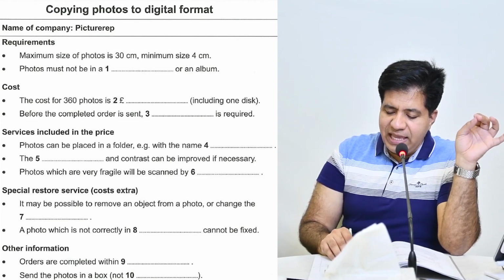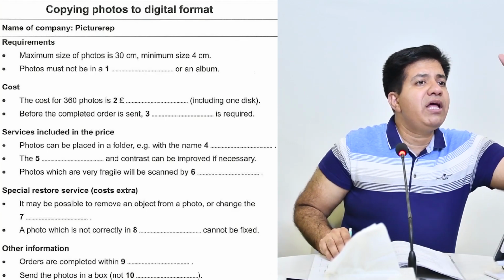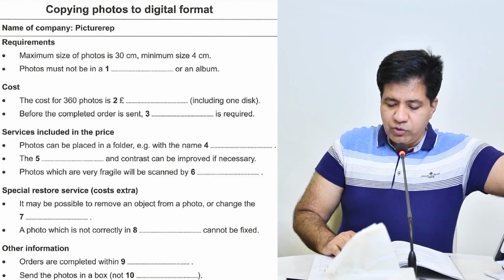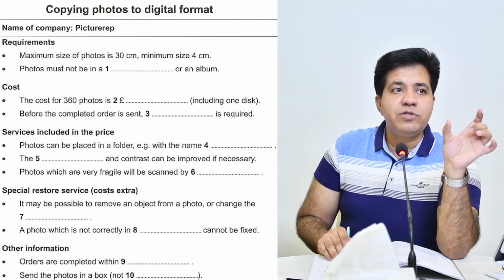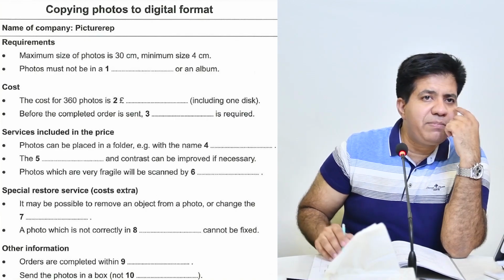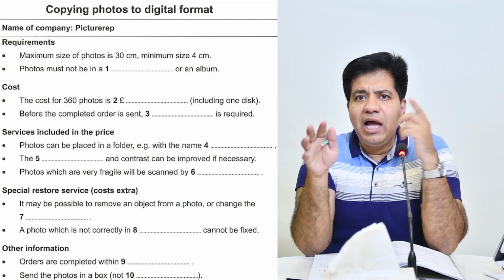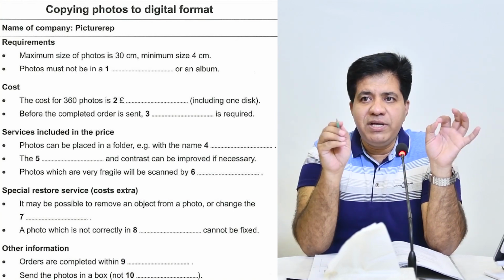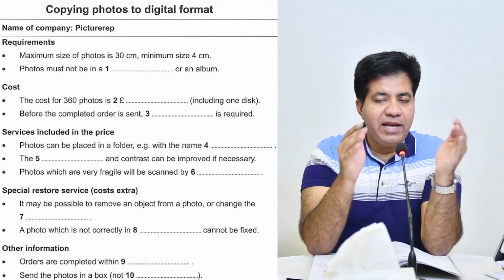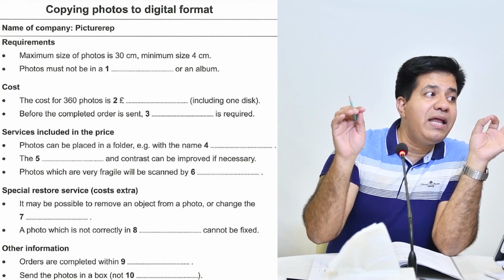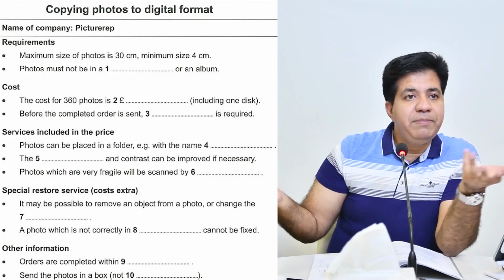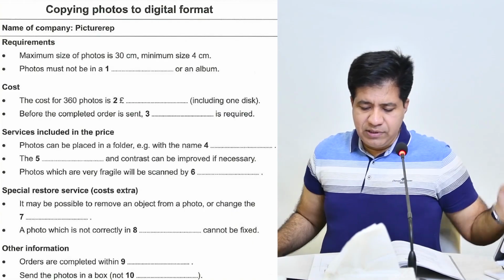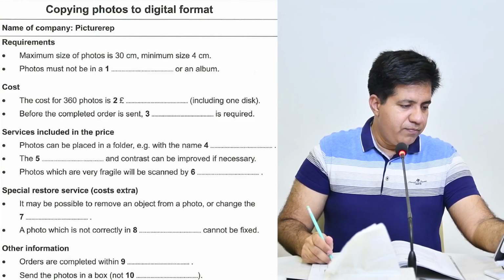Now it's going to be the name of the folder. So what will be the name of the folder? Now, for example, whenever we do these recordings, I make a folder, Management House IELTS class recording, and then I write the date. So what will be the name of the folder? A folder in computer. That will be your answer. Simple, very simple. Okay, let's see.